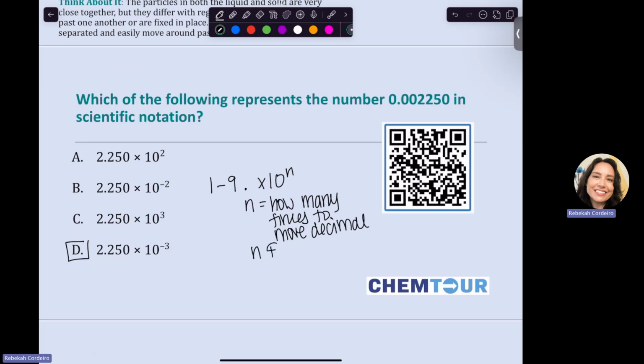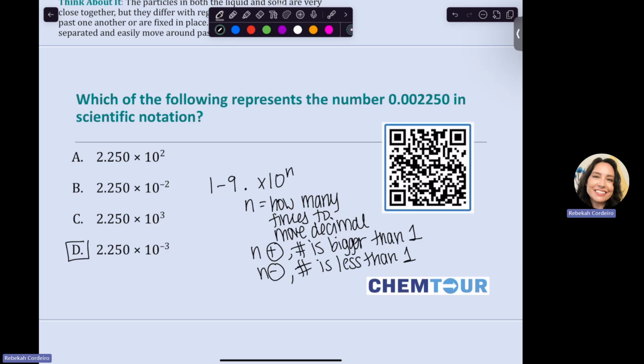If n is positive, the number is bigger than 1. If n is negative, the value of the number is less than 1, or smaller than 1.